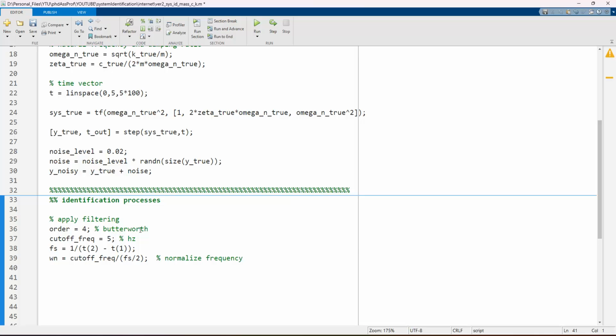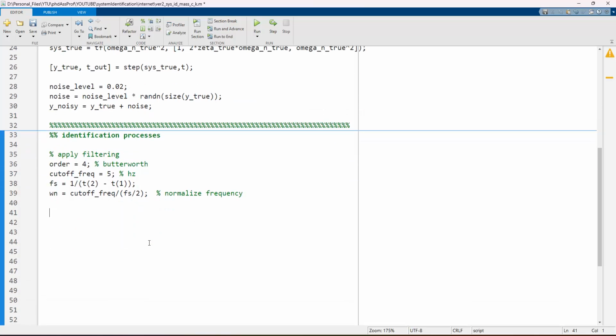So, in order to design the Butterworth filter, we need to build the B and A. Numerator and denominator of this part, and so the butter function can be used with the order of these terms and these normalized frequencies.